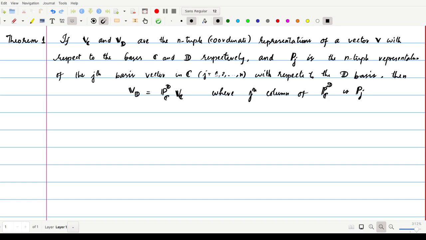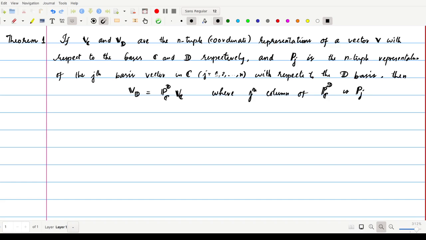So this is the statement: if VC and VD are the n-tuple or coordinate representations of a single vector V with respect to the bases C and D respectively. These are two distinct bases of a vector space V, and P is a matrix with Pj being the n-tuple representation of the jth basis vector in C with respect to the D basis.